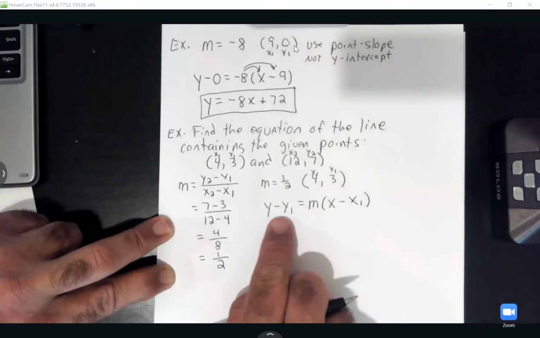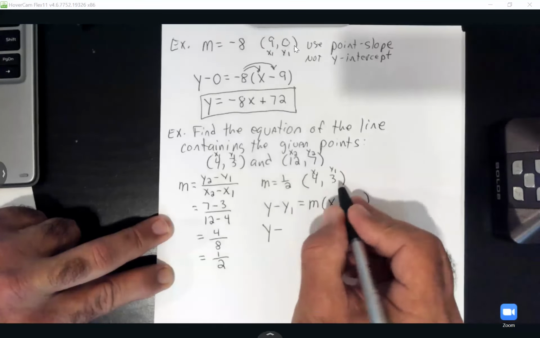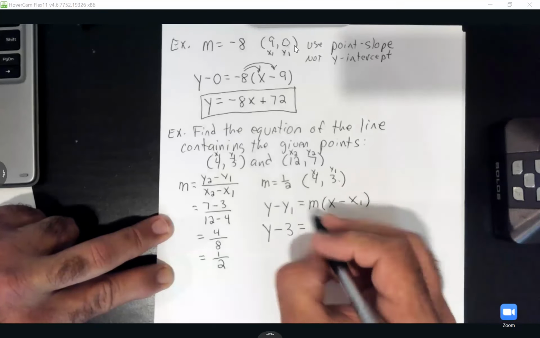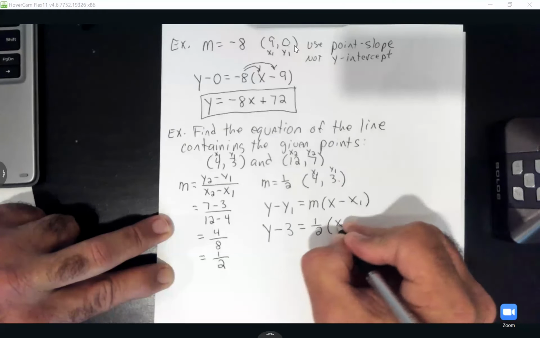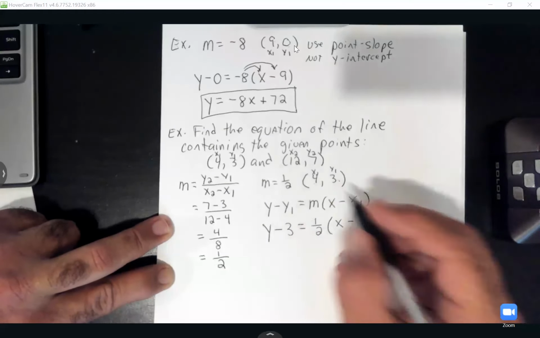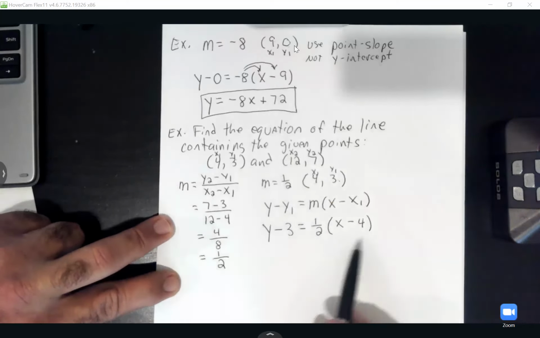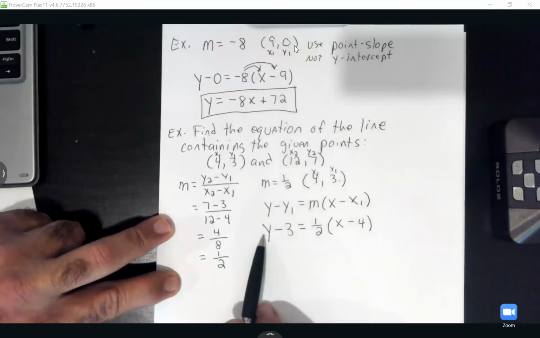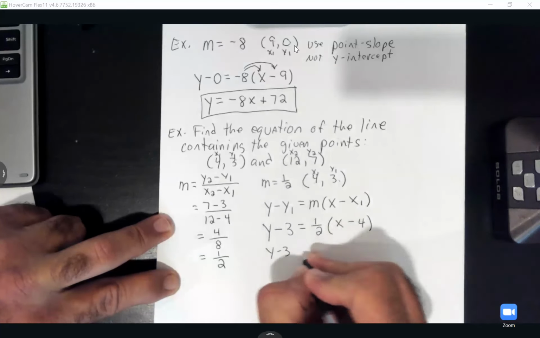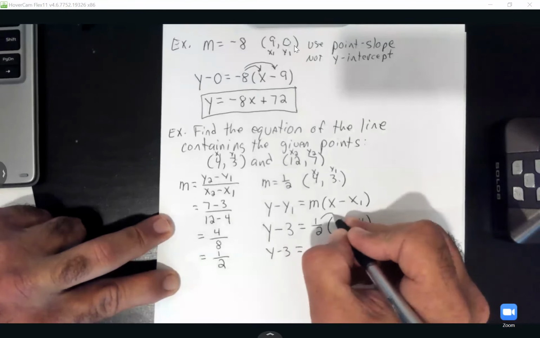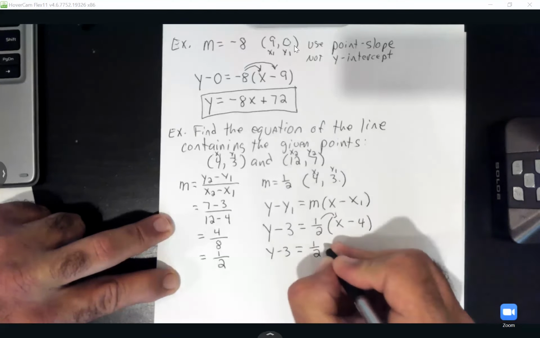All right, y'all. So let's plug in for the y1, the m, and the x1. So this will give me y minus y1, which is 3, equals our m, which is 1/2, times x minus the x1, which is 4. All right, y'all. So let's see what we get. Y minus 3. I cannot do nothing yet. So I'm going to bring down the y minus 3. Right here, I'm going to distribute. 1/2 times x is just 1/2 x.